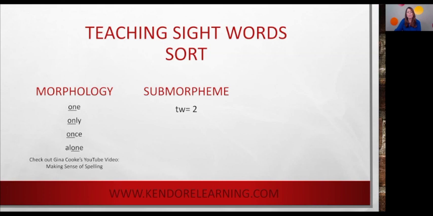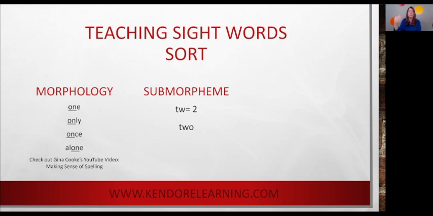So that TW, when it's in a word, it means two. So if you see a word with TW, then it's going to reference two. This is going to help you to differentiate the word TWO from the word TOO and the word TO, instead of just constantly having repetition making the difference, right?